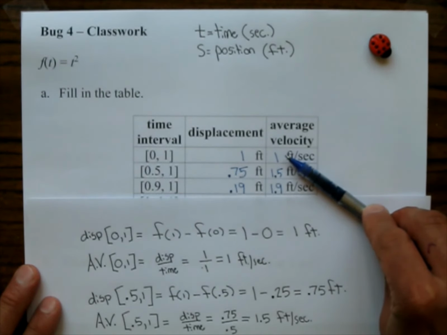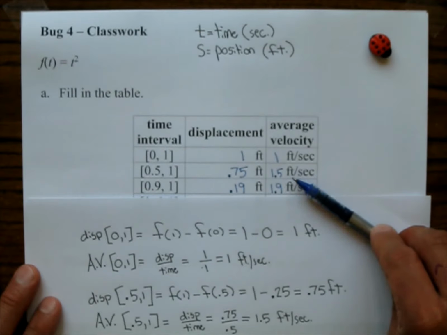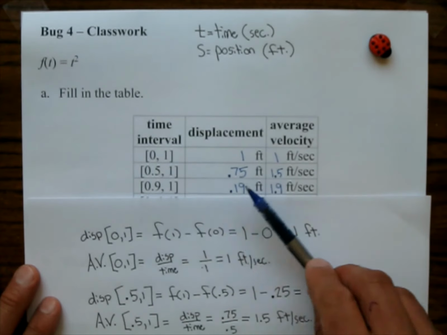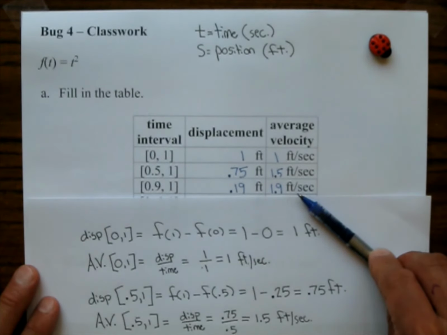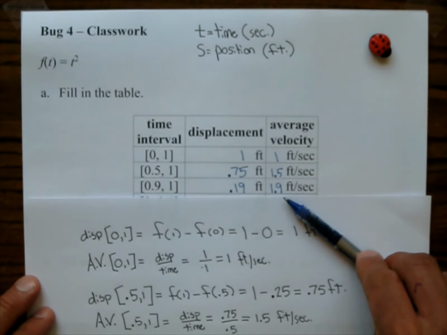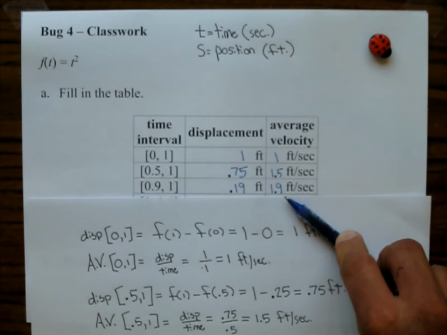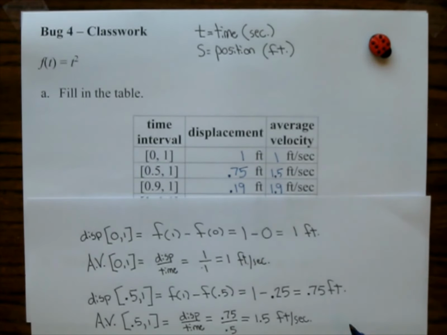It's like 1, and then 1.5, and then 1.9. If you did 0.99 to 1, I believe I had done that somewhere, and I got like 1.99, and it was even closer to some number. It's approaching a number, and that's what they're going to ask us to do on part B of this.